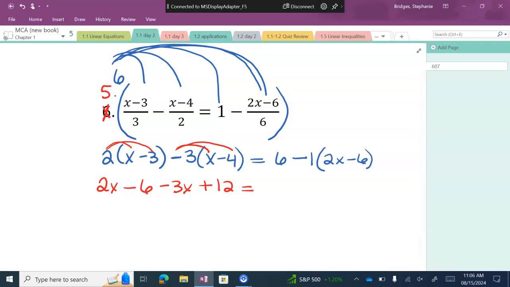Quick question. Should I do 6 minus 1 first? No. Multiplication comes before subtraction, right? So we're going to keep that 6, and we're going to distribute that -1 to those parentheses, or to that parenthesis. Keep going. Combine your terms.